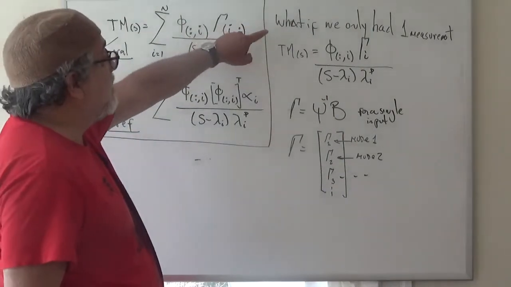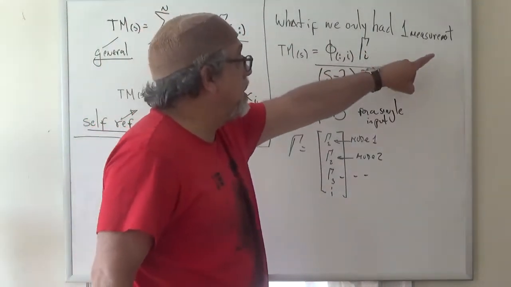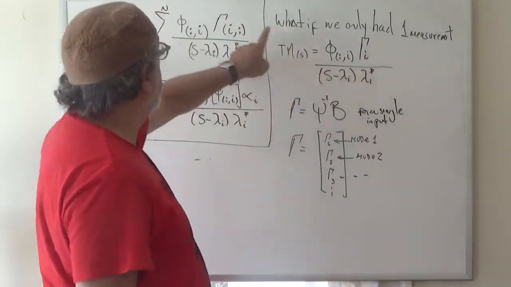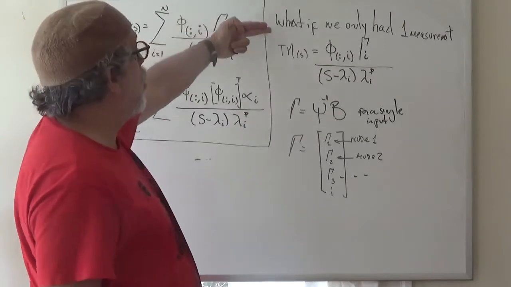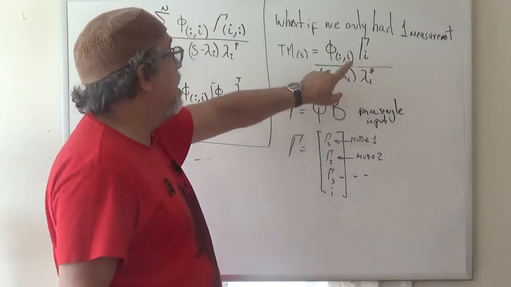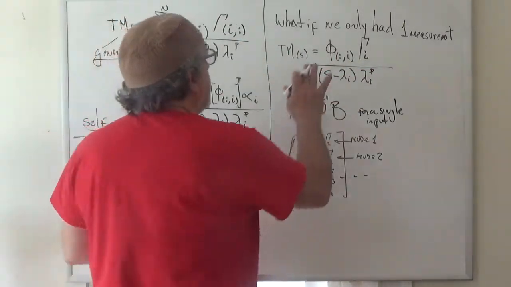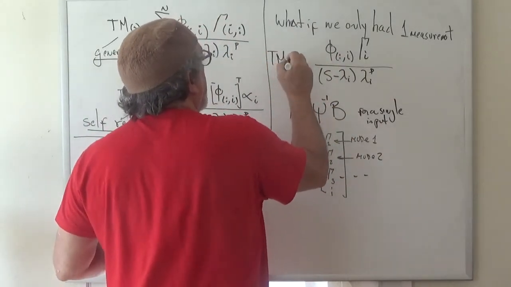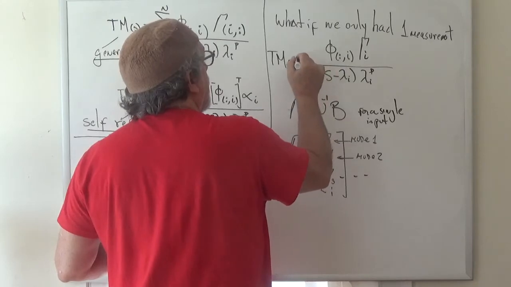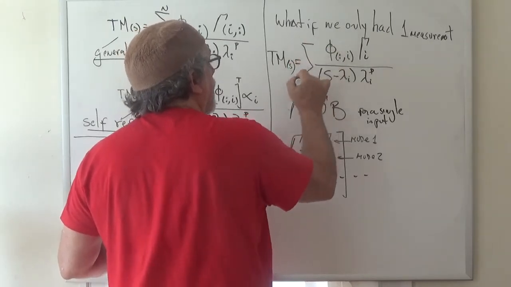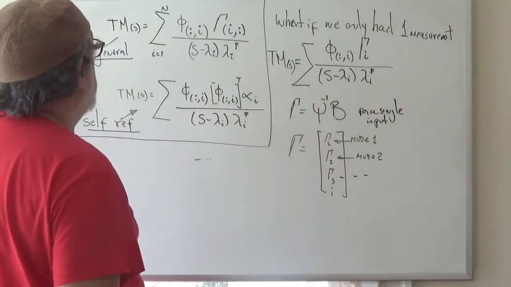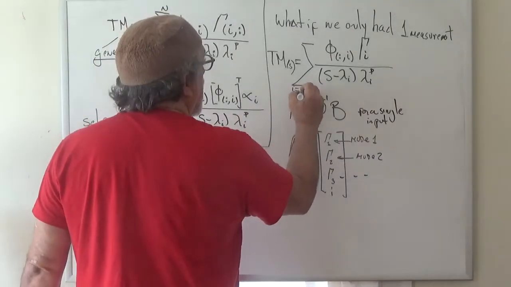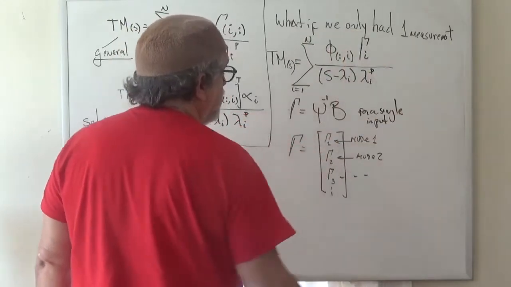So again, emphasizing, if we only had one measurement, our transfer matrix would take this form. All I've done is replace this, which used to be a row, by just a number. Summation remains. So the summation from I equals 1 to N, and we have this.